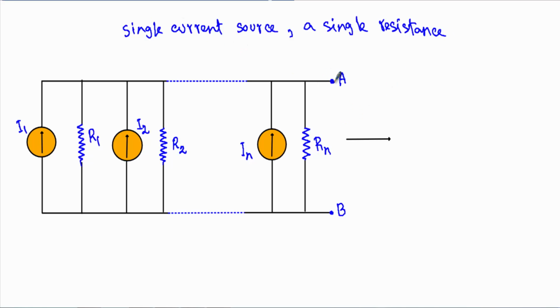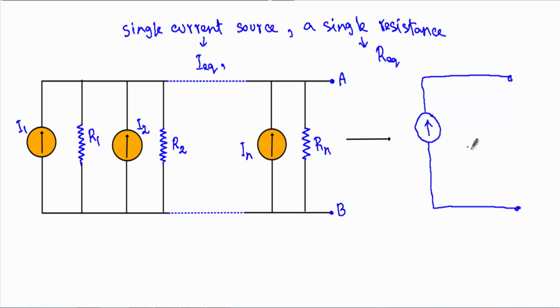The current source will be equal to the current after connecting the A and B terminals with a short path, which I have shown you as I equivalent, and the resistance will be with respect to these two terminals after replacing the current sources with open circuits, which I have calculated as R equivalent. That means I can replace this entire network with a single current source. That current source will have a value of I equivalent, and that will be in parallel with R equivalent with respect to the A and B terminals.